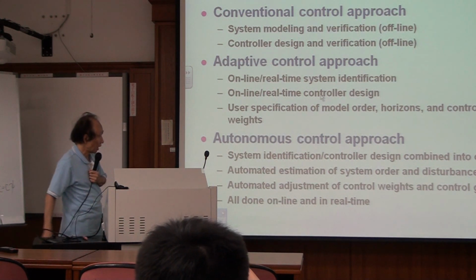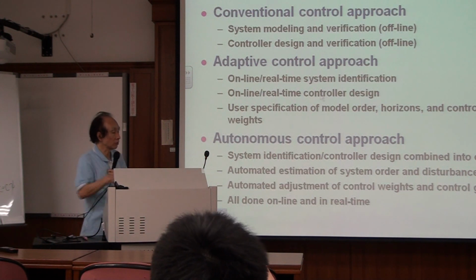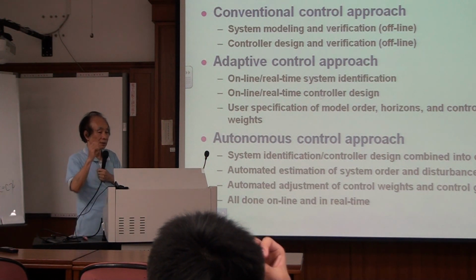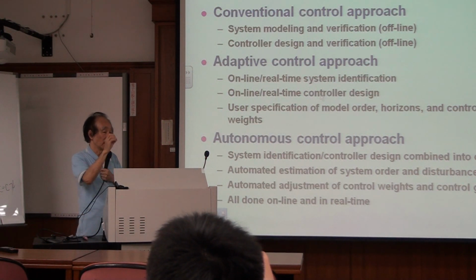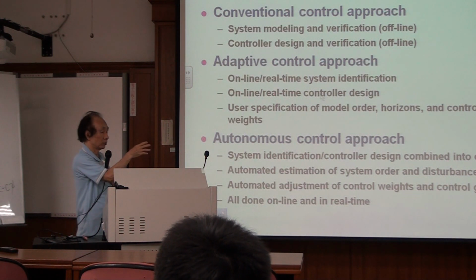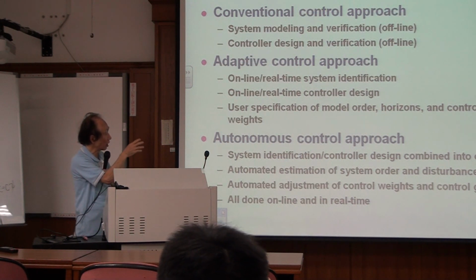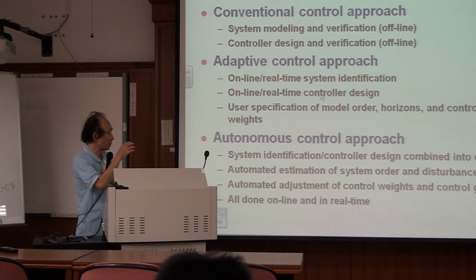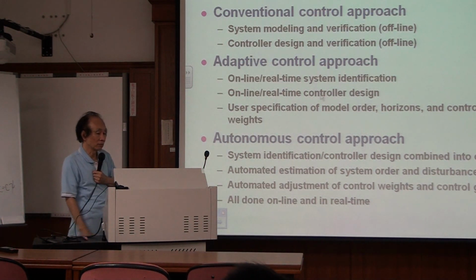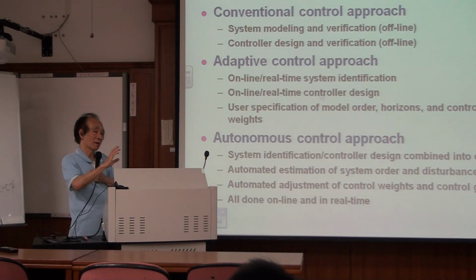Now, this is the second approach we call the adaptive control approach. The predictive control is similar to the adaptive control approach here. The last one is called the autonomous control approach, which combines systematic control design into one step. I'm not talking about that in this class.